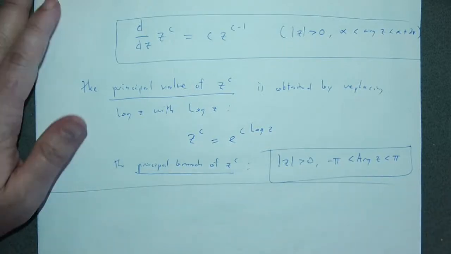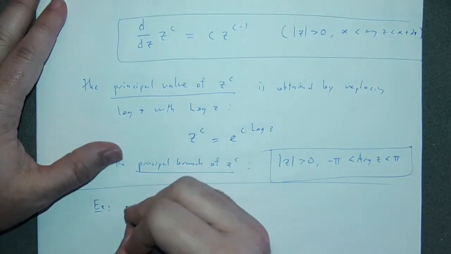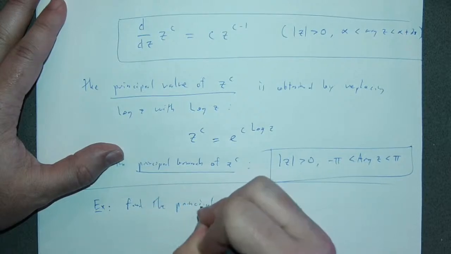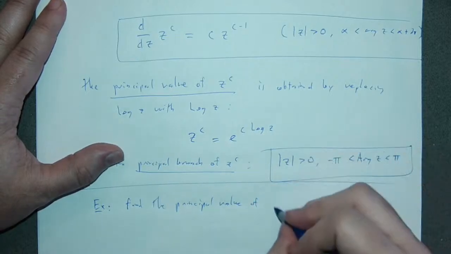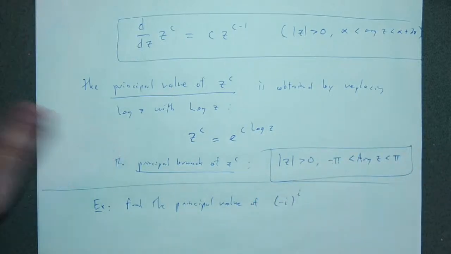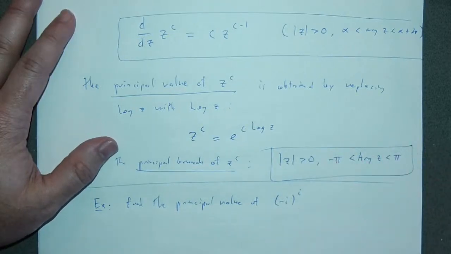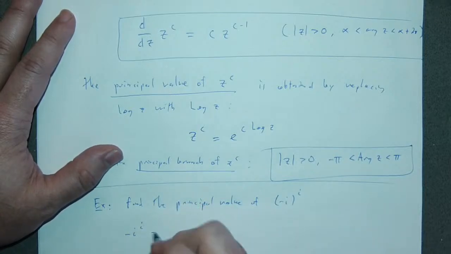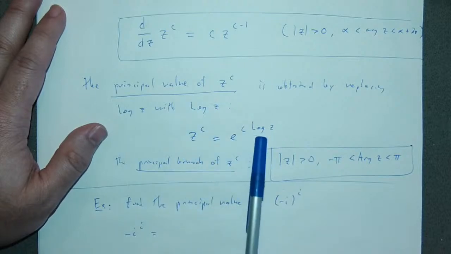Okay, and so first example is what is the principal value? So find the principal value of minus i to the i. Okay, so what is this? So first of all, this principal value of minus i to the i is defined to be z to the c, where I'm taking principal log here.